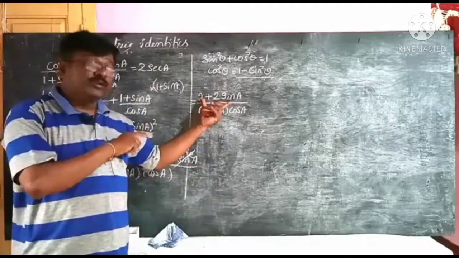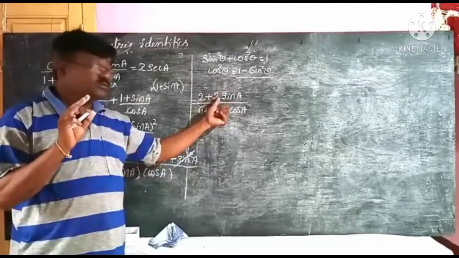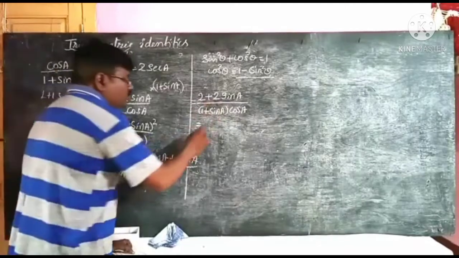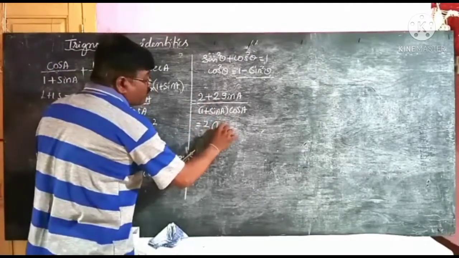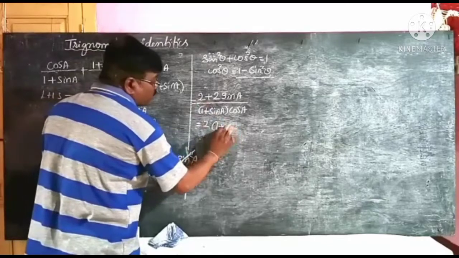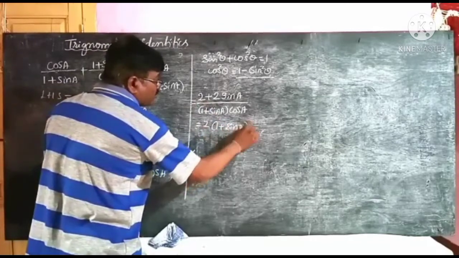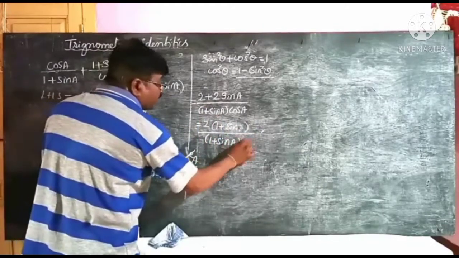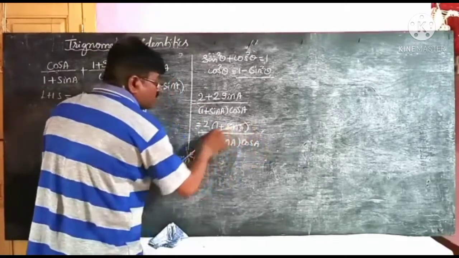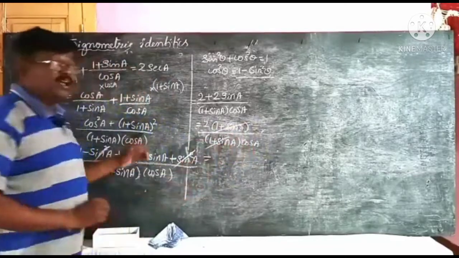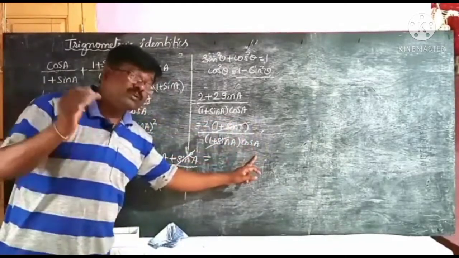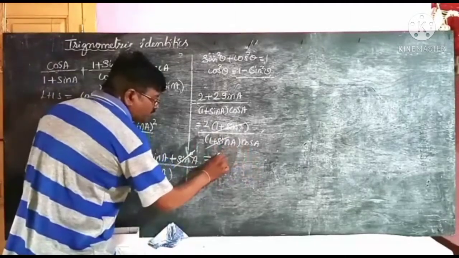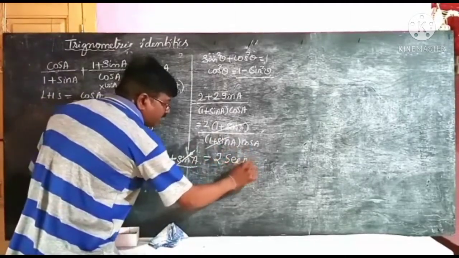What we observe in the numerator is that 2 is a repeated constant, so we can easily take 2 as common, obtaining 2 into 1 plus sin A, divided by 1 plus sin A and cos A. So both are cancelled. 2 divided by cos A. 1 by cos A is nothing but the trigonometric reciprocal, secant A. Therefore 2 divided by cos A can be written as 2 secant A.